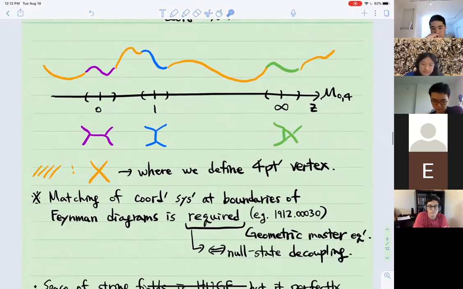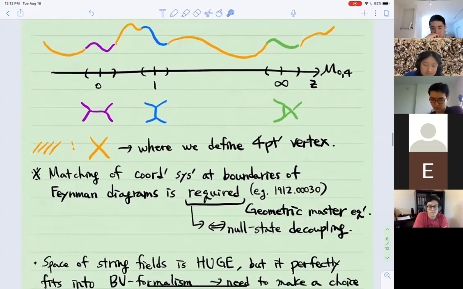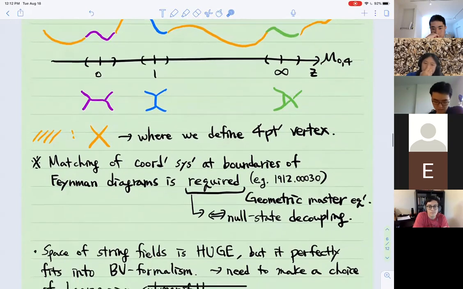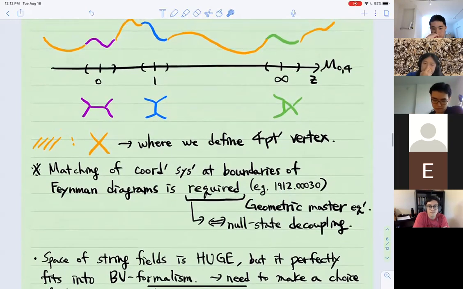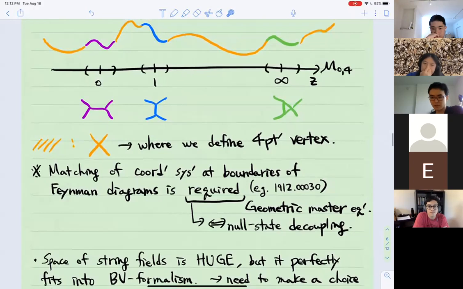And if you want to look at the full, all-order solution for such construction, you can, for example, look at my paper on open-closed hyperbolic string vertices. But in practice, for our consideration, we are just gonna build vertices up to the order we are working with.